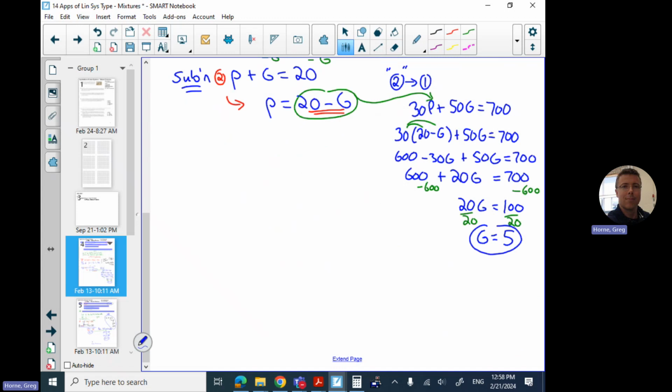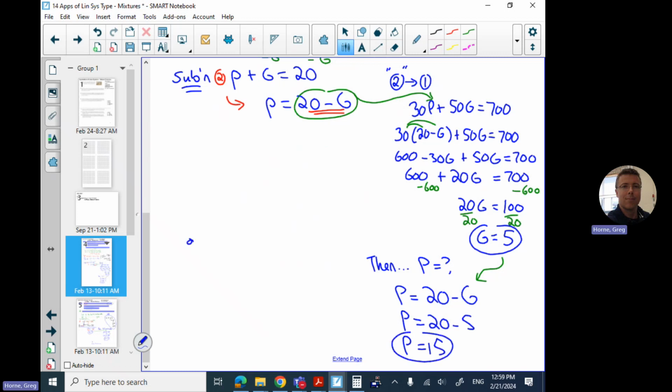And then, of course, we need to say what's the number of practice balls. We have an equation that we made nicely for that, 20 minus G. So the G value just goes in there, and we have P equals 20 minus 5, giving us 15 of those.